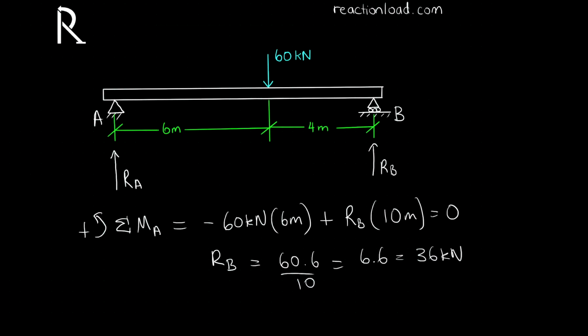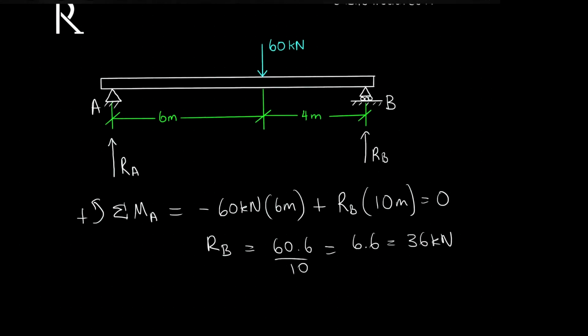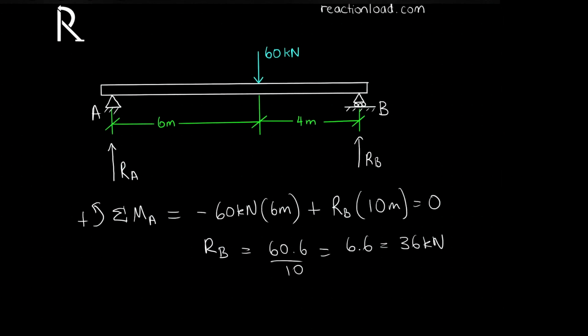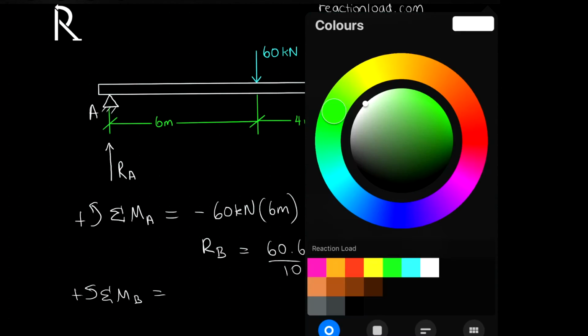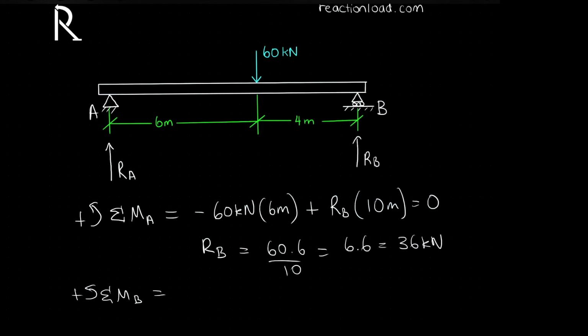To determine the reaction force A, we do exactly the same thing. We can say that the sum of the moments about B is equal to, and again let's consider the sign convention.